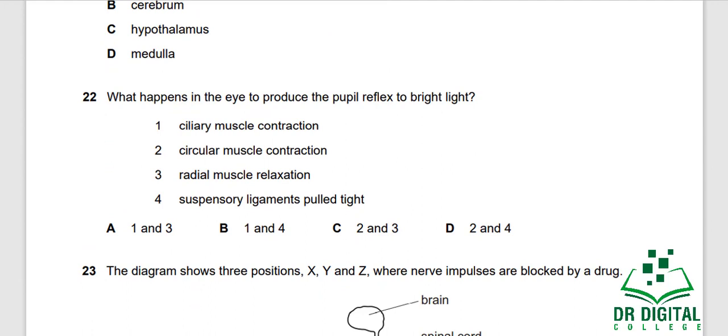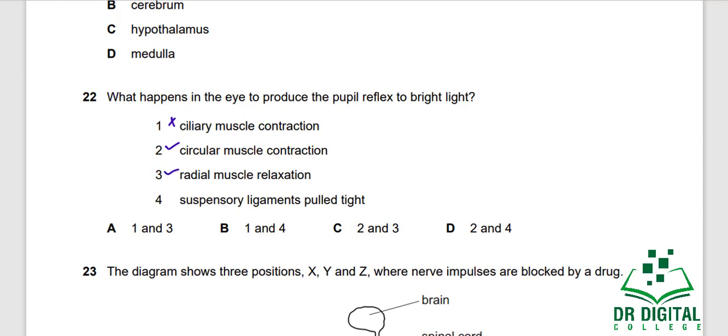In the next question, what happens in the eye to produce the pupil reflex to bright light? Number one, ciliary muscles contract. You know that ciliary muscles are attached with the lens, not with the pupil. So this is wrong. Second, circular muscles contract. Yes, the circular muscles are involved in the pupil reflex. Radial muscles will relax.